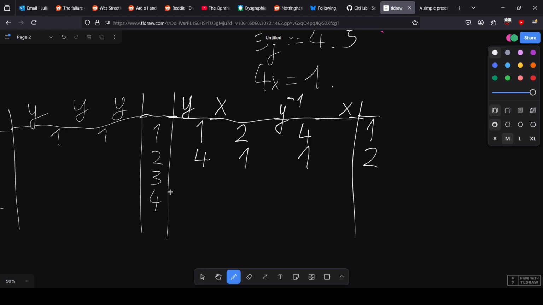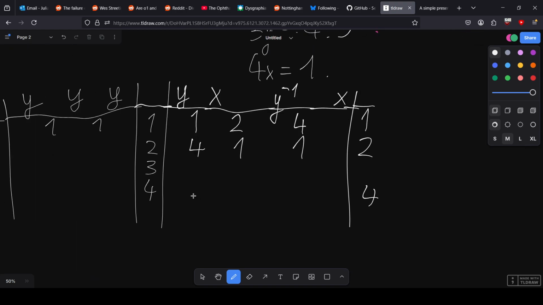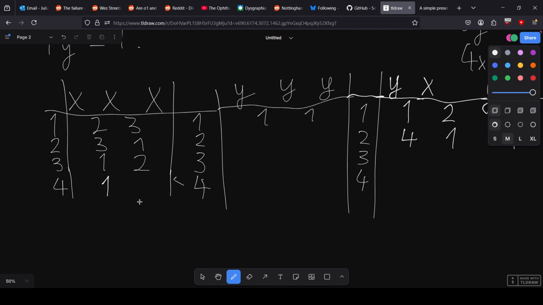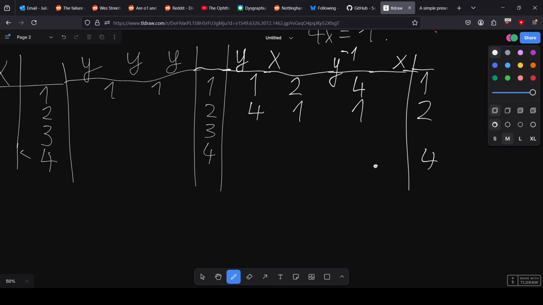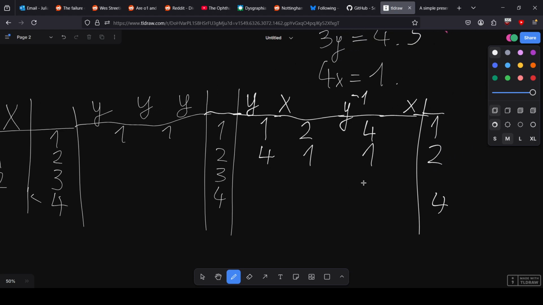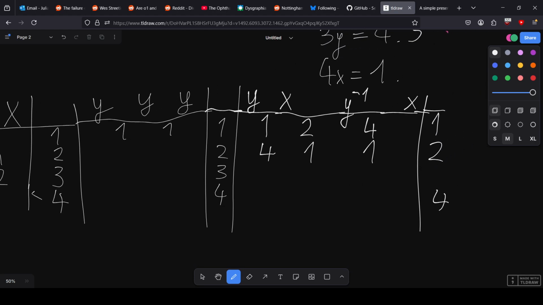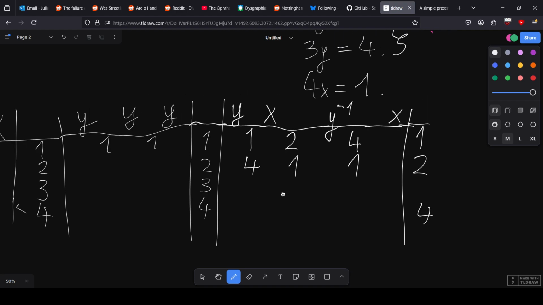We don't know how 4 has to actually go here, but we know that 4x has to be 1. We don't know what the little bit here is, so it is still a bit annoying. Give me a moment.